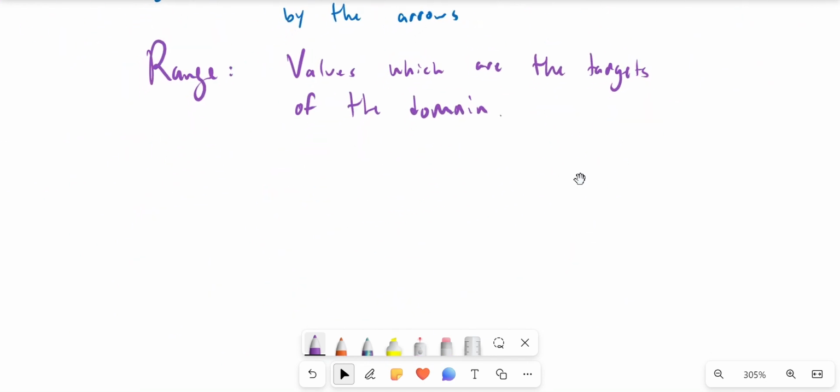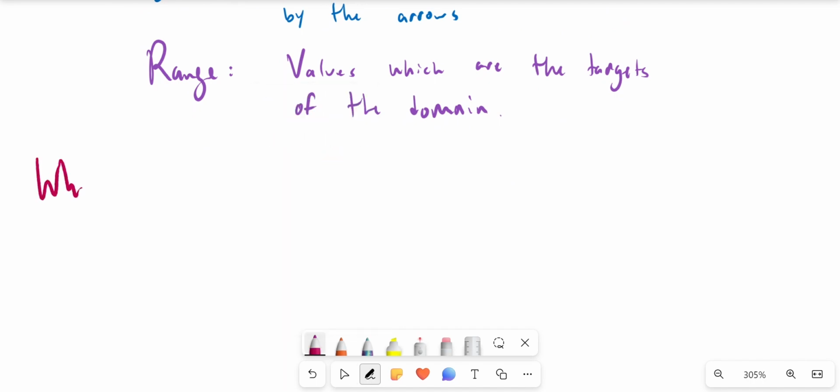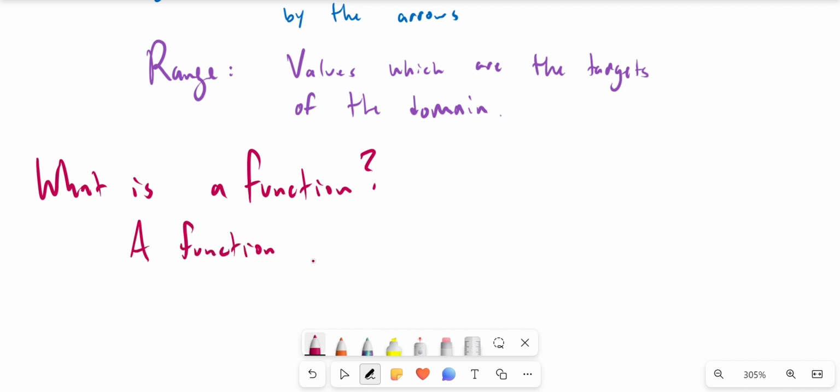So now let's talk about a function. So what is a function then? Well, a function is a relation that assigns only one. This is the main thing.